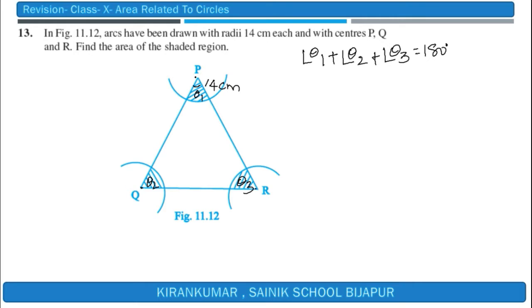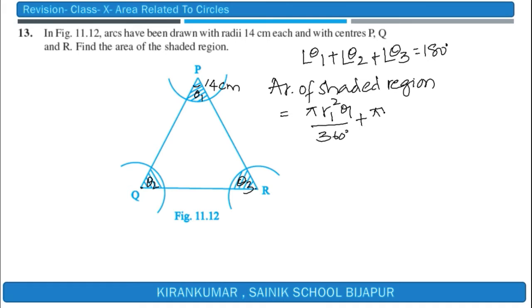Now if you observe once again, the shaded part is the sum of the sectors, sum of the areas of the sectors. So area of shaded region is equal to pi times r1 square theta 1 divided by 360 degree plus pi times r2 square theta 2 divided by 360 degree plus pi times r3 square theta 3 divided by 360 degree.